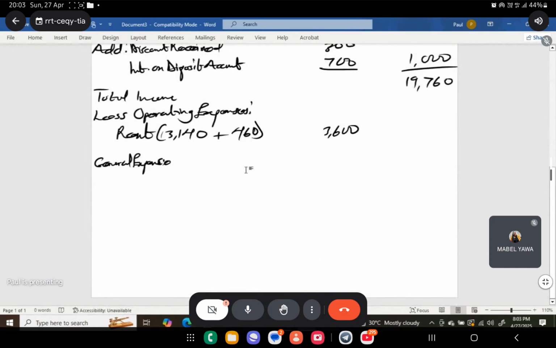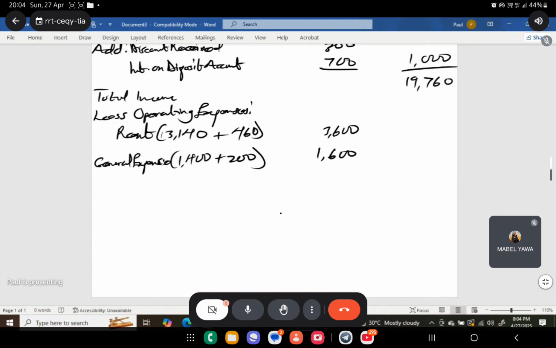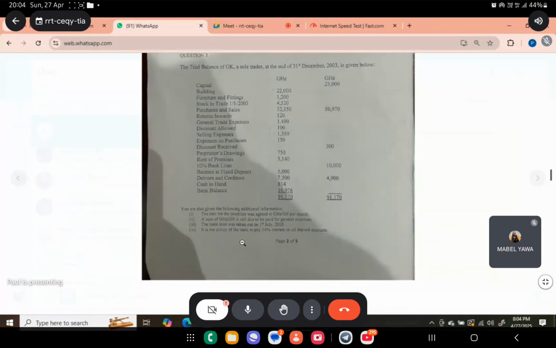General expense in the trial balance was 1,400. Then we add the oil, which was 200, to get 1,600. That's it. Please, I believe you understand.